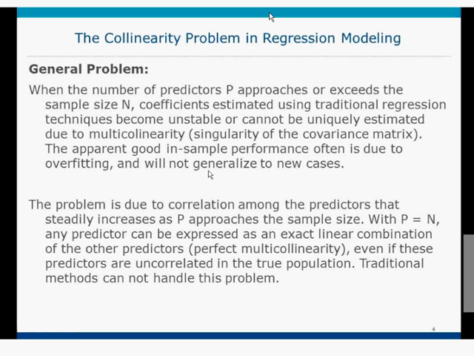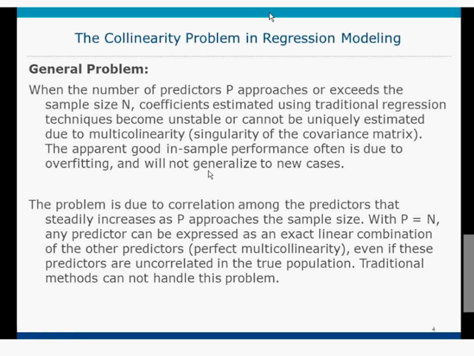And if the number of predictors is equal to the sample size, any predictor can be expressed as an exact linear combination of the other predictors. That's perfect multicollinearity. And this occurs even if those predictors are totally uncorrelated in the true population. In the population, they may be totally uncorrelated.